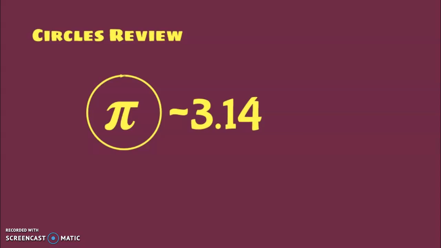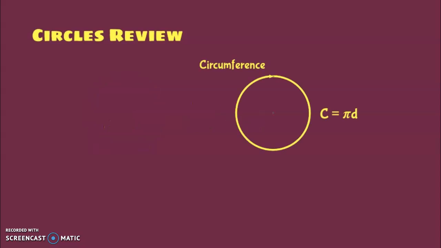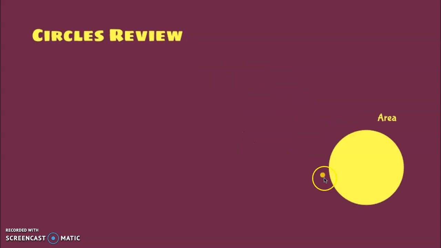Well, remembering that value, we could find the circumference if we had the diameter of any circle by multiplying pi times the diameter of the circle. That will give us the distance around it. And if we wanted to find the area, or the amount of space that's covered by a circle, we could use pi for that as well.